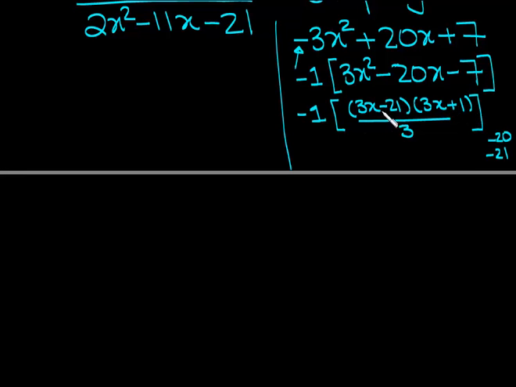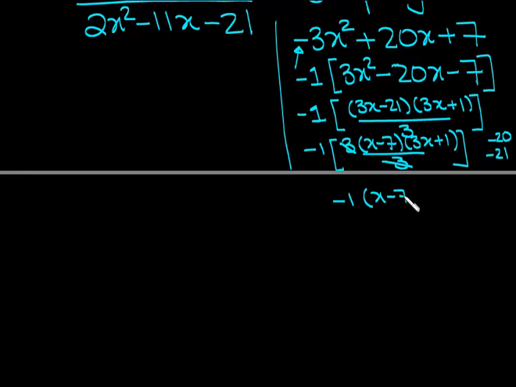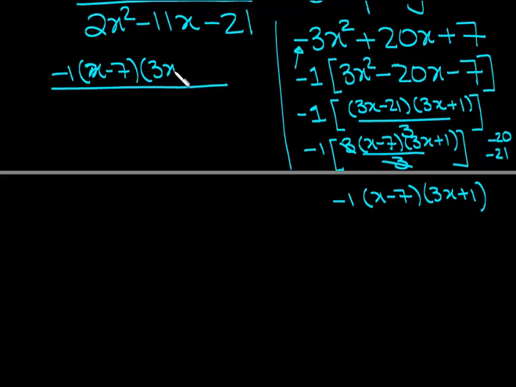So what's common in these two terms on the top? There's a 3 common, so I get x minus 7 and 3x plus 1 divided by 3. The 3's cancel, so I get minus 1 times x minus 7 times 3x plus 1. So those are my factors that go on the top: minus 1 times x minus 7 and 3x plus 1.